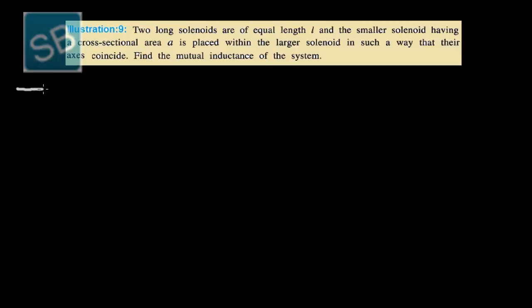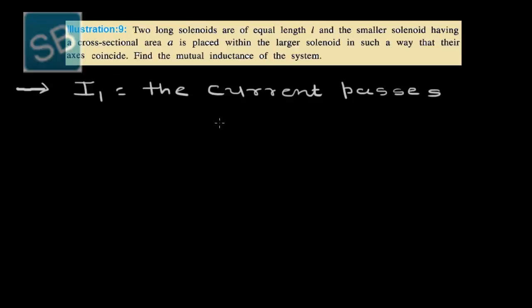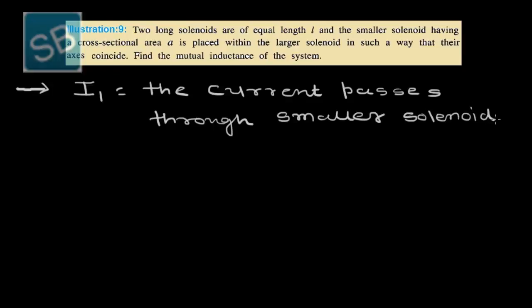So here I am supposing that when the current I1 is passing through the smaller solenoid, then I can find out the strength of the magnetic field in the smaller solenoid.